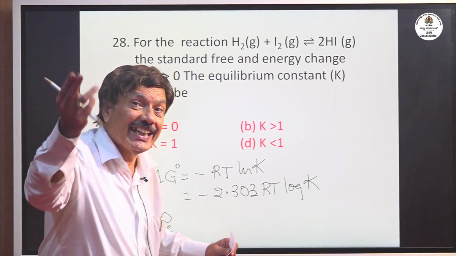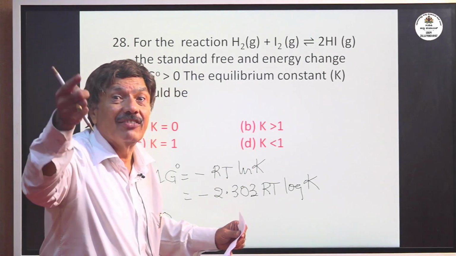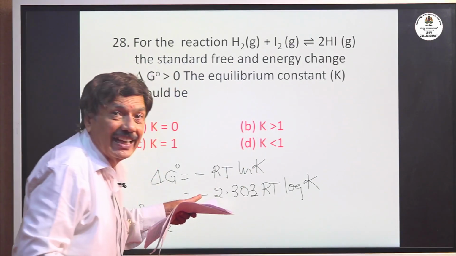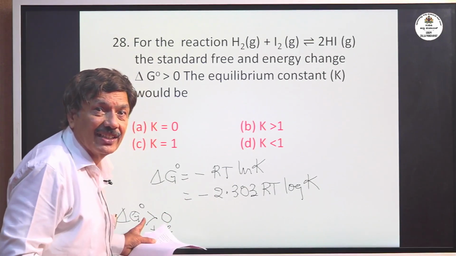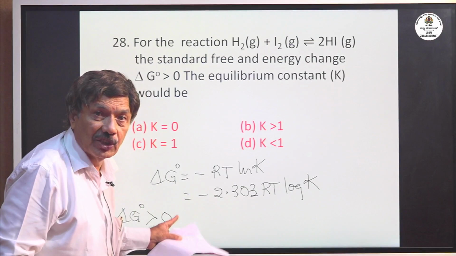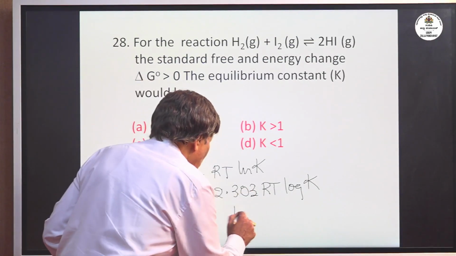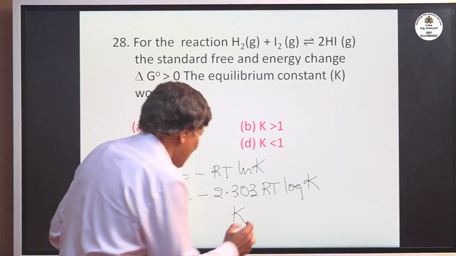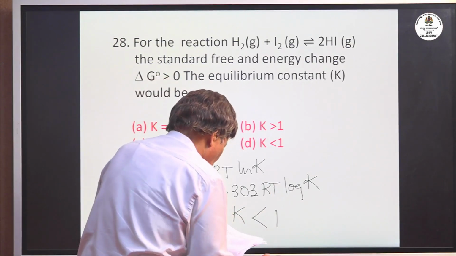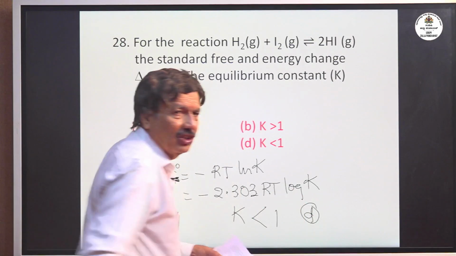If K is greater than 1, log of a number greater than 1 is positive, and the minus sign remains. Since delta G must be greater than 0, K should be less than 1. Option D is the correct one.